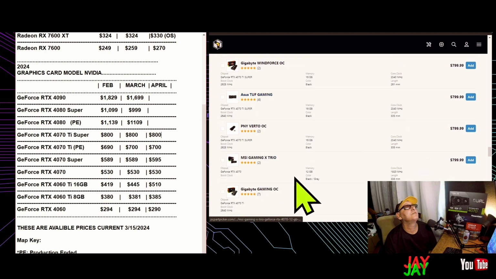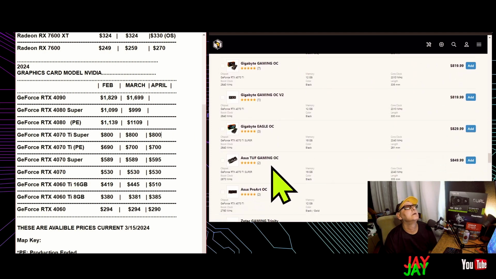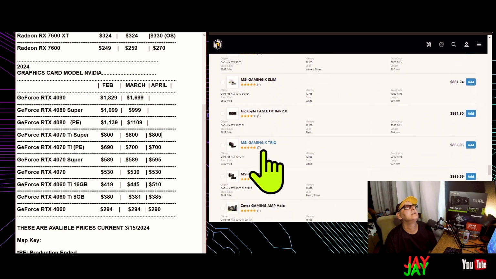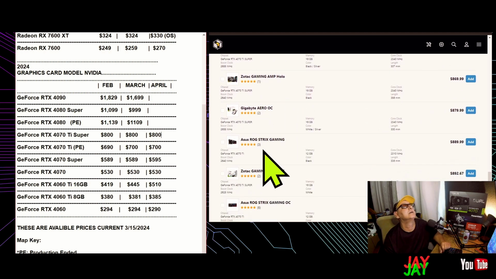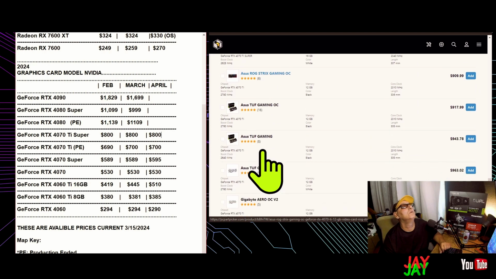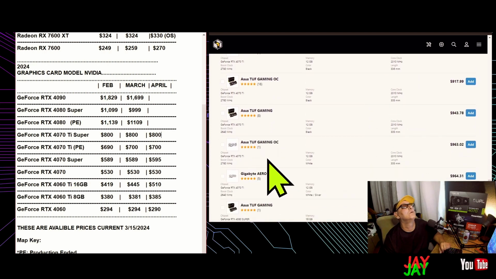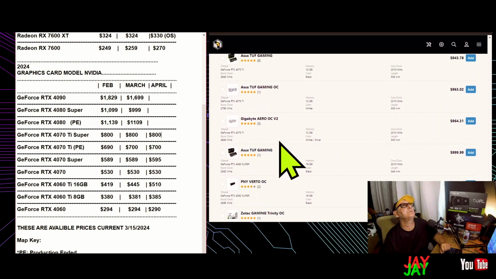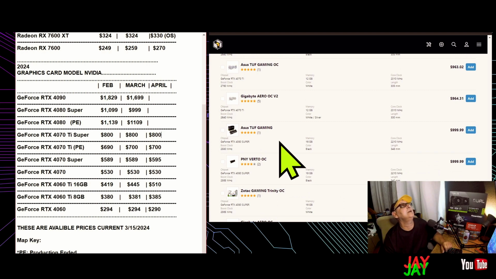So now we're looking for the 4080. We'll see if we can find one. Found a 4080 Super, so I take it the 4080 is probably off the market.